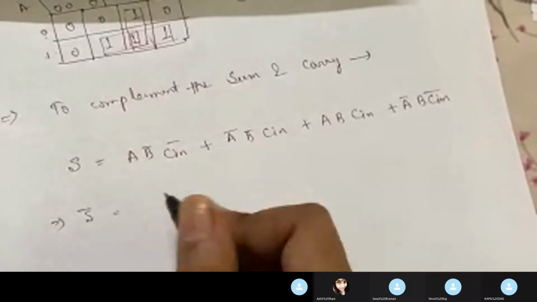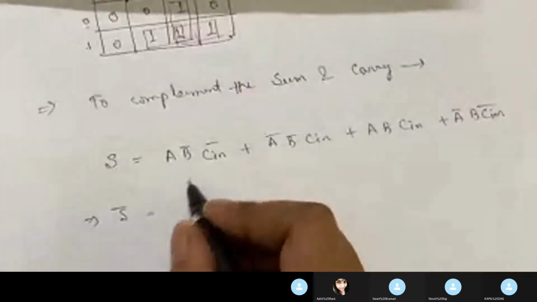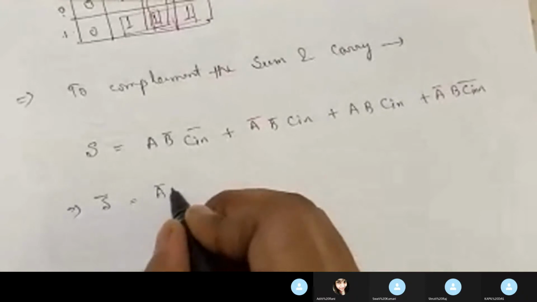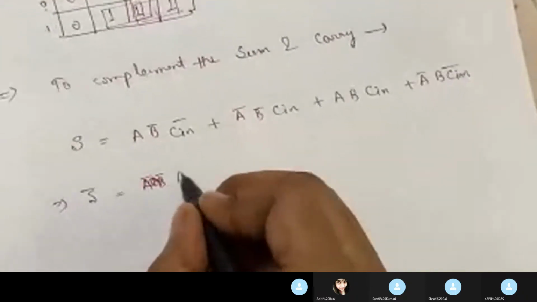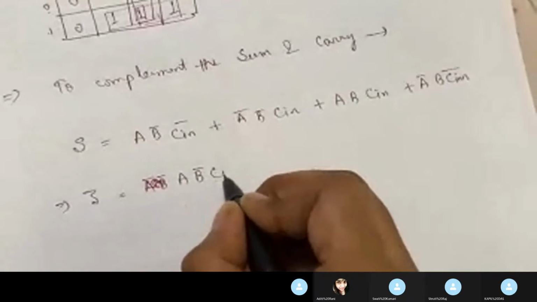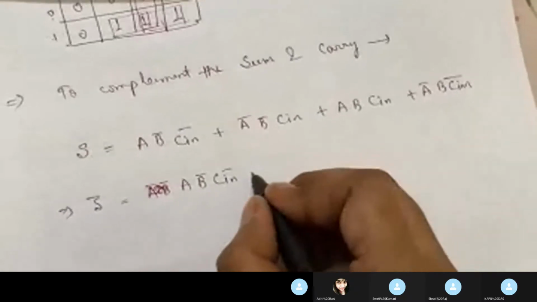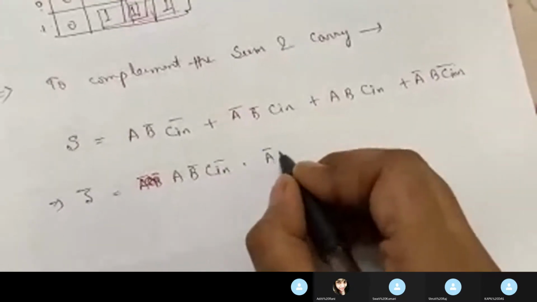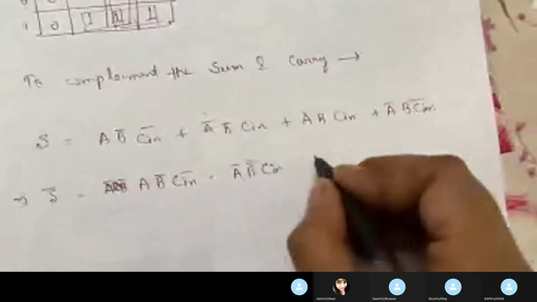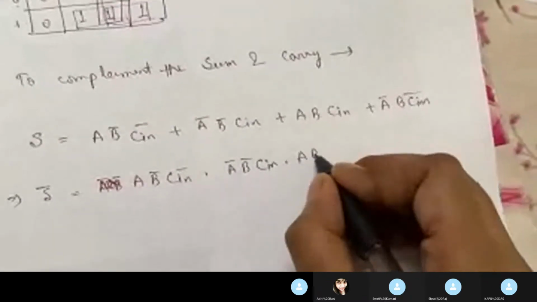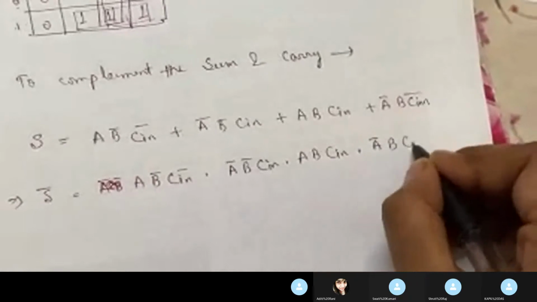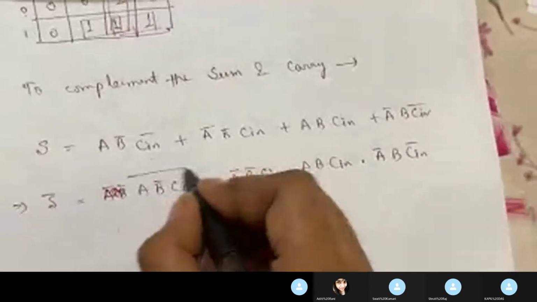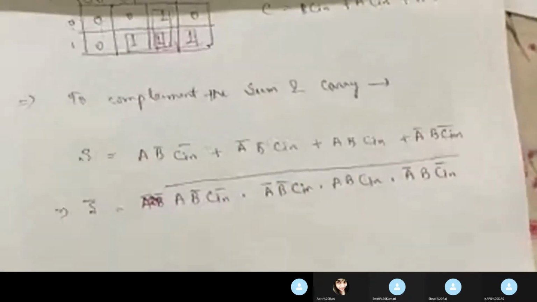इसको अगर हम complement करते हैं, so what it will become, A B bar C in bar into A bar B bar C in into A B C in into A bar B C in bar, whole bar.